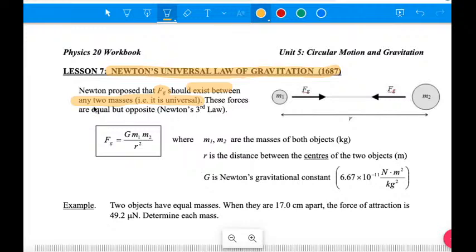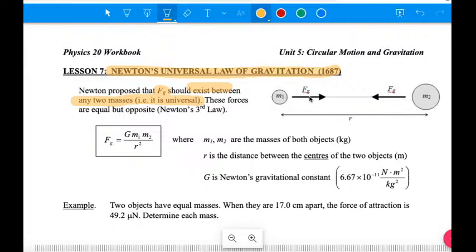So these two forces in any gravitational force setup are equal and opposite. When we're standing on Earth, we obviously feel the force of the Earth on us. We're also applying a force back on the Earth. It's just so small compared to the mass of the Earth that nothing will really change.